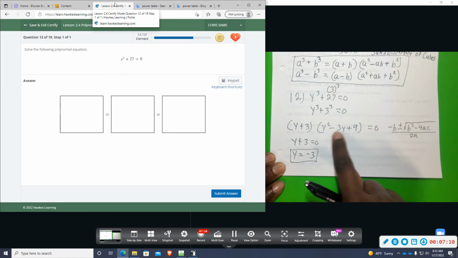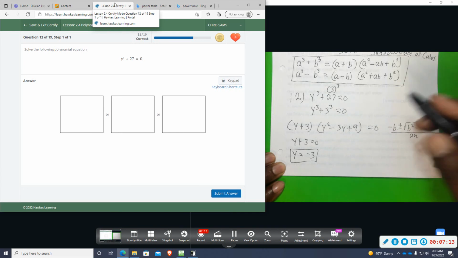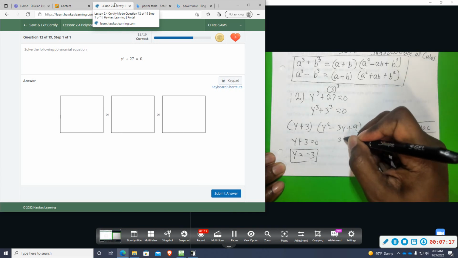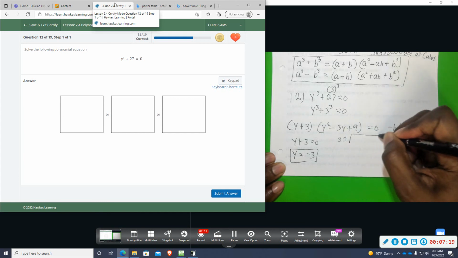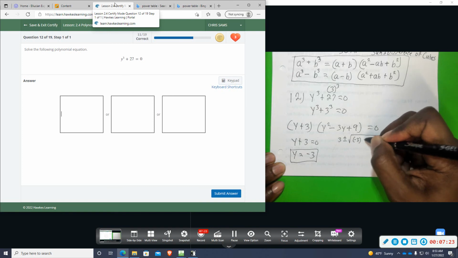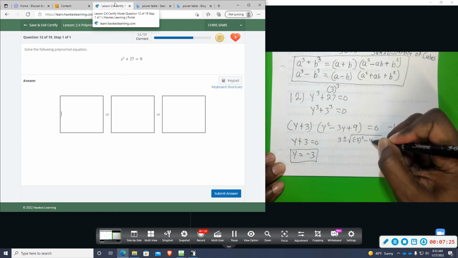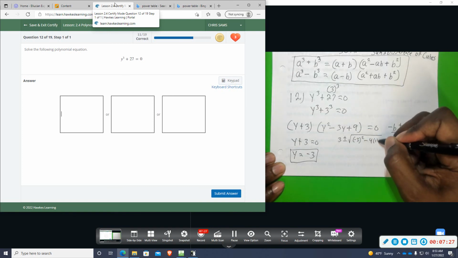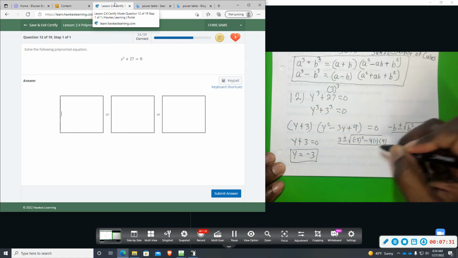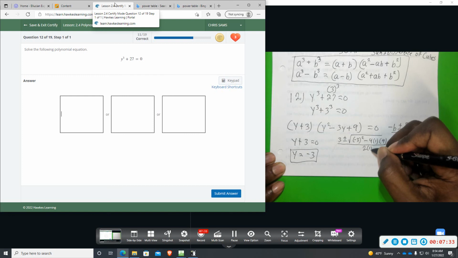So negative b, negative 3, when I plug it in, will become a positive 3. So I'll have a positive 3 plus or minus the square root b squared, so it's going to be a negative 3 squared minus 4. A is 1, c is 9, all over 2 times a, which is 1.